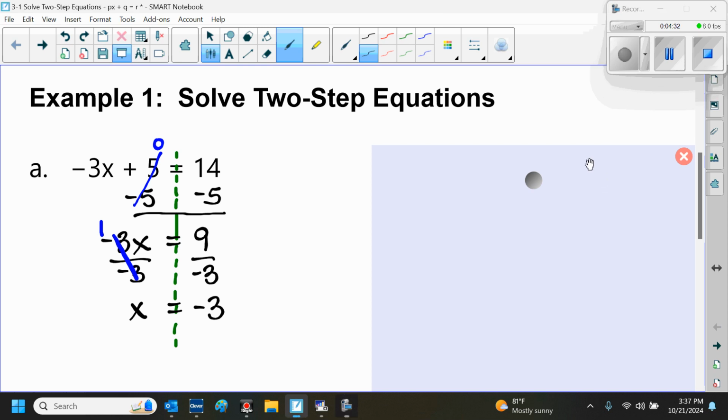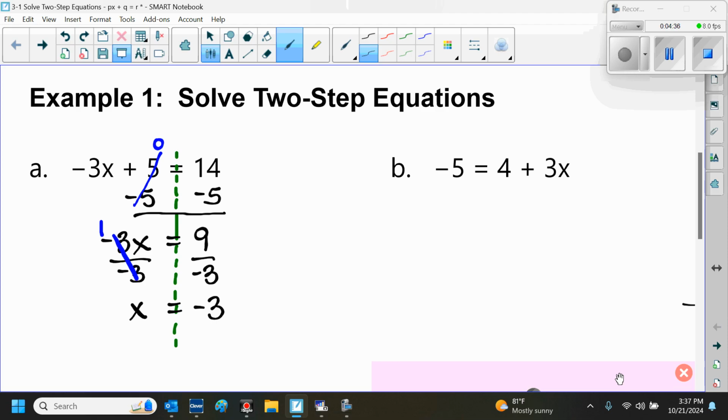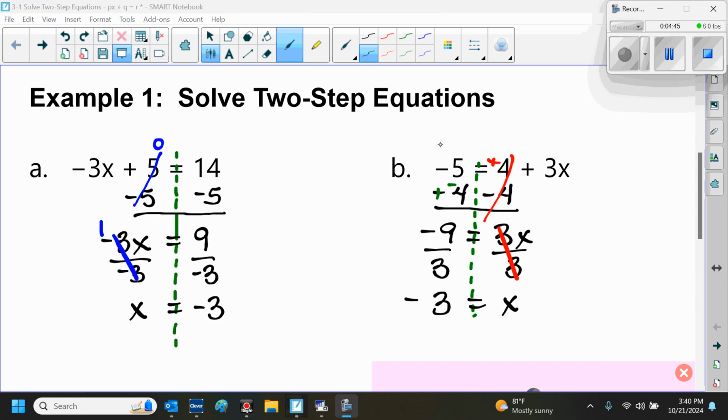Why don't you take a minute to do this one with your table partners. We've got negative 5 is equal to 4 plus 3x. All right, so when we do this, we're going to cover up the entire 3x and the operation that precedes it.